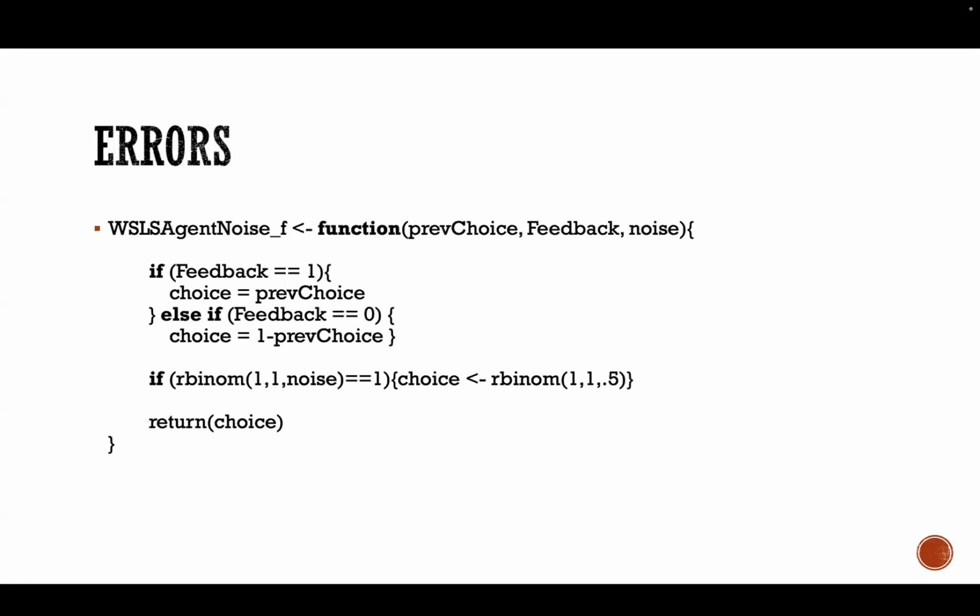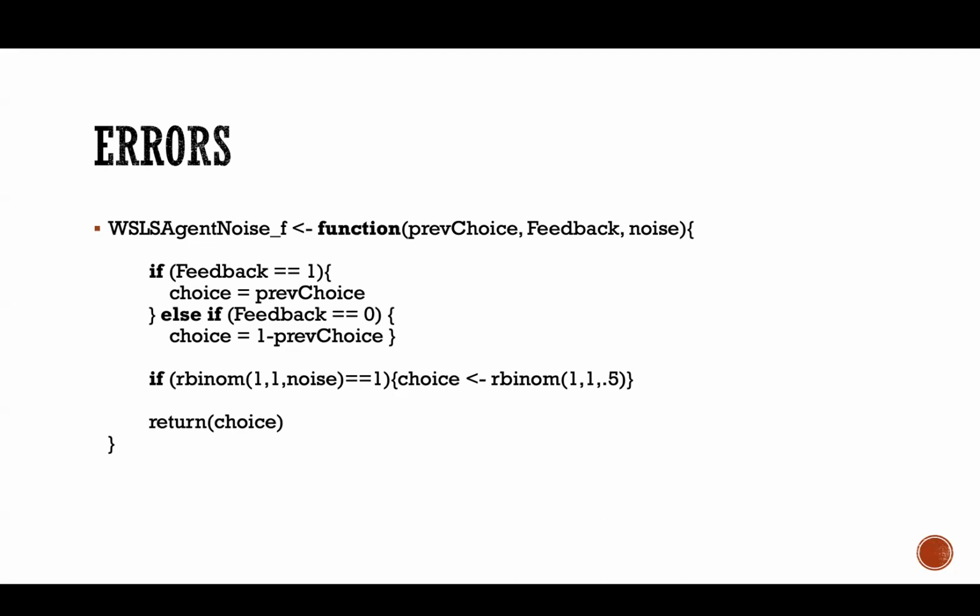If we want to add errors, there's at least two ways of doing that. Here, I'm showing you a way that's perfectly symmetric to how we added it before. We have the function that's exactly as before, choosing the same as the previous choice if we won, the opposite of the previous choice if we lost.